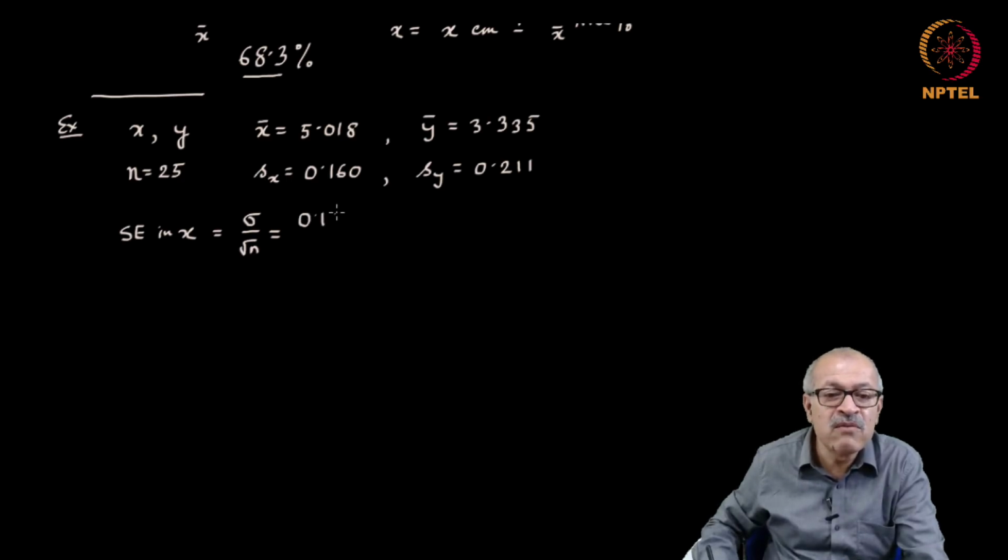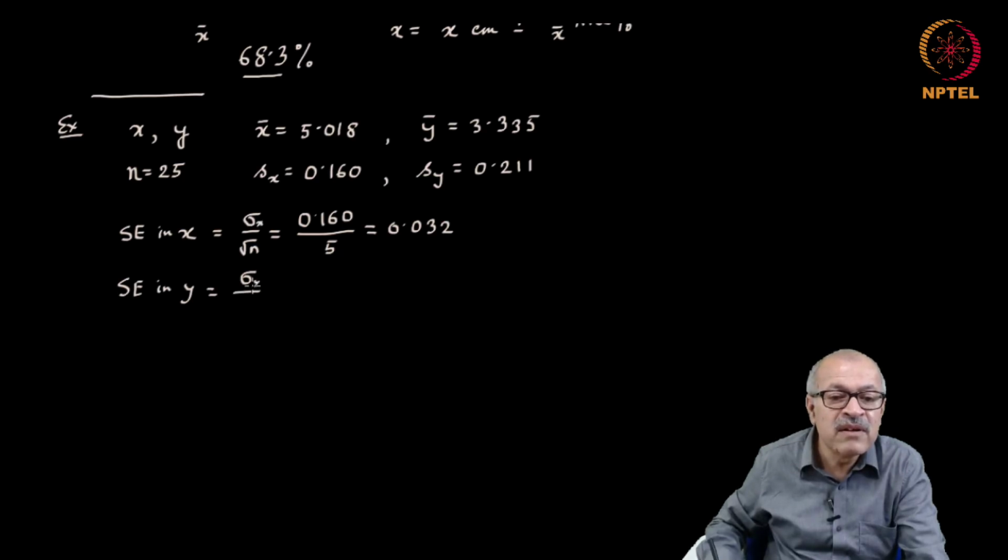So, 0.160 divided by square root of n, which is 5, is equal to 0.032, and the standard error in y is this sigma, this would be x and this would be y, by root over n, and we again substitute that by the measured standard deviation in y.